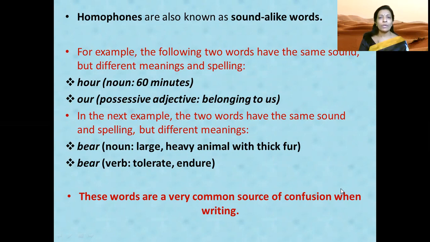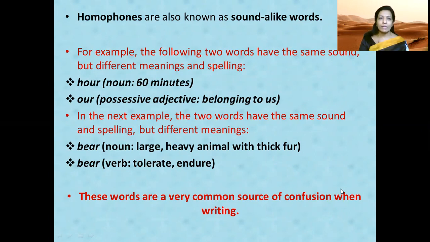Let us now look at another example. In this example, we have two words which not only have the same sound but also the same spelling, but their meaning is different. The two words are bear, bear. The first word bear is a noun which means a large heavy animal which has got thick fur.